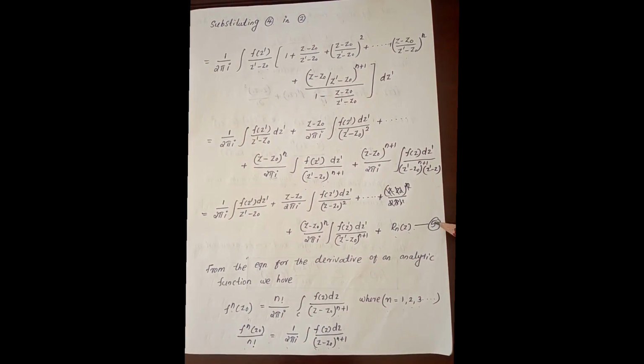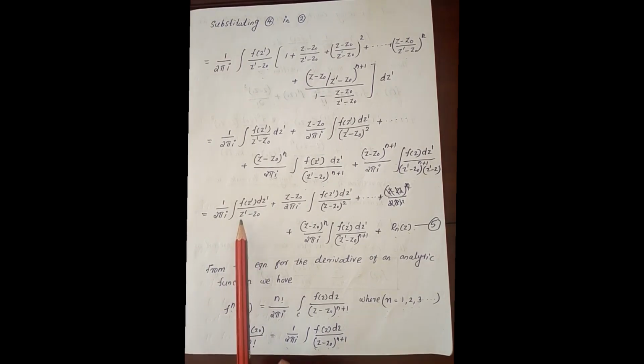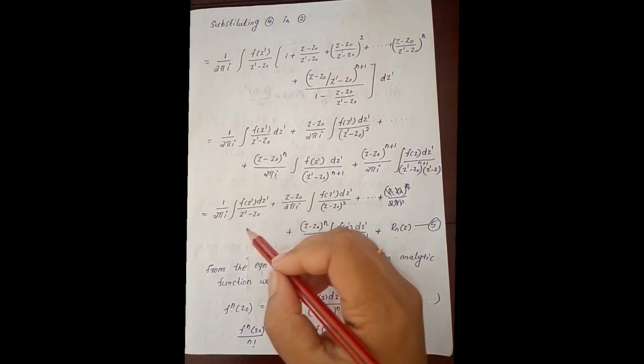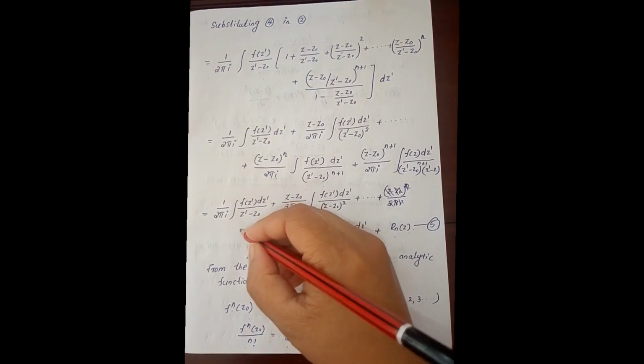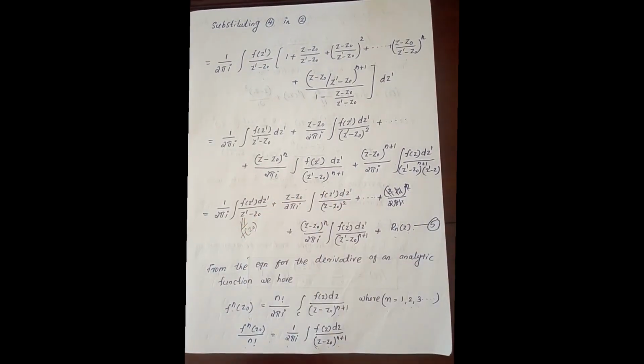The first term in equation 5 is Cauchy's integral formula, that is 1 by 2πi integral f(z') dz' by (z' − z0). This is Cauchy's integral formula. We can write it as f(z0).